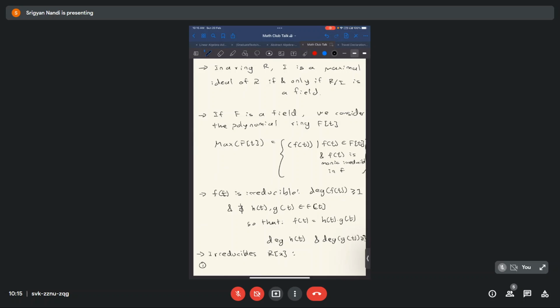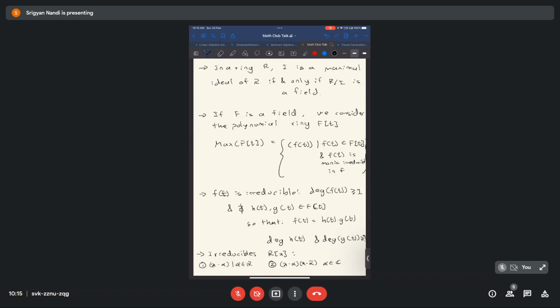So the first category will be x minus alpha, these kinds of polynomials such that alpha belongs to R. But we also have a second category of irreducibles, and those are precisely the quadratics in R. Although not all quadratics in R are irreducible, we have quadratics of the form (x minus alpha)(x minus alpha conjugate), where alpha is a complex number.